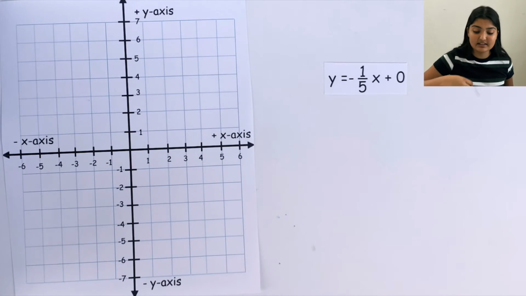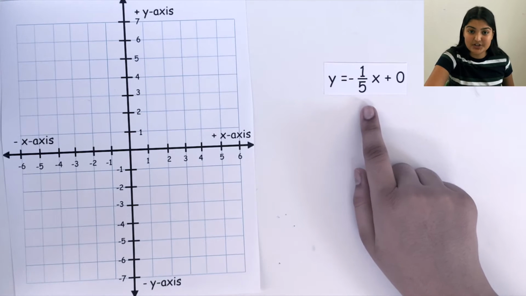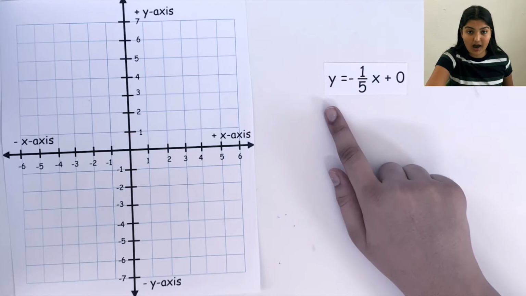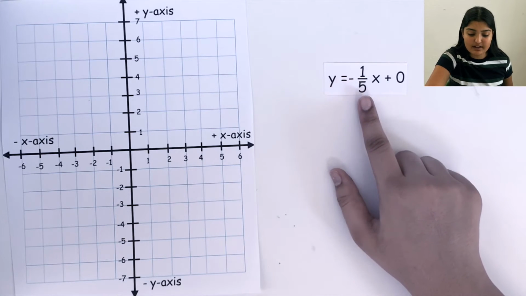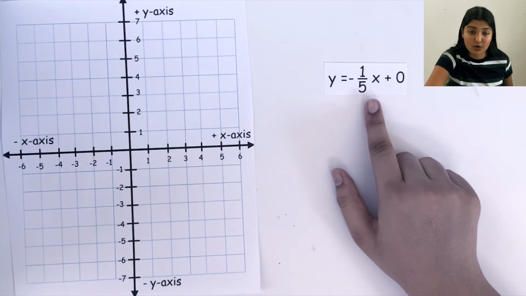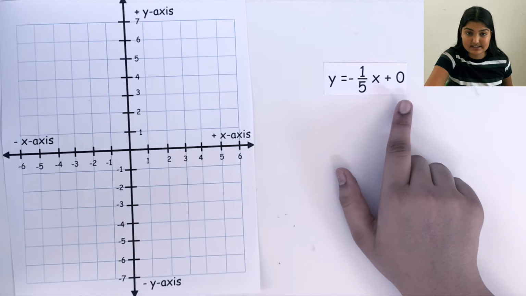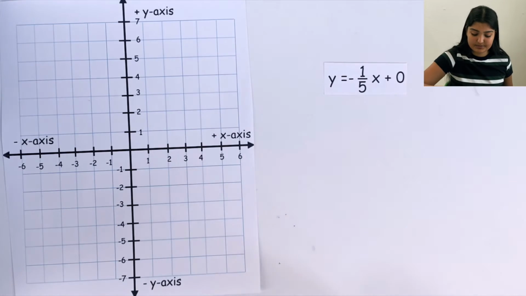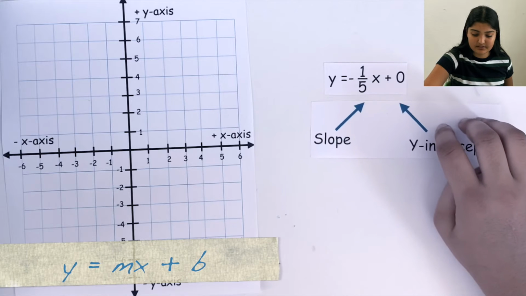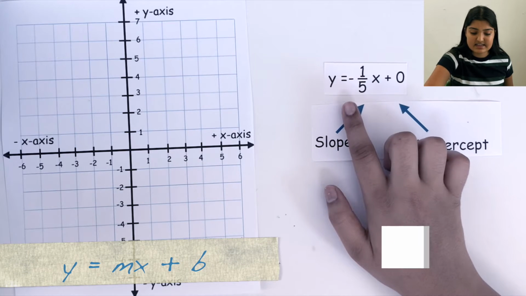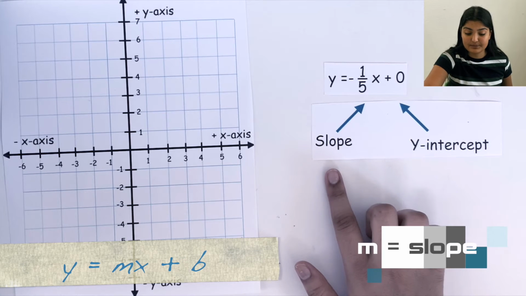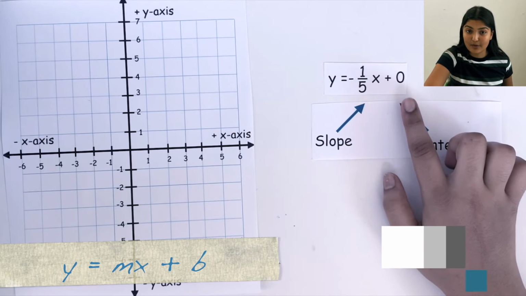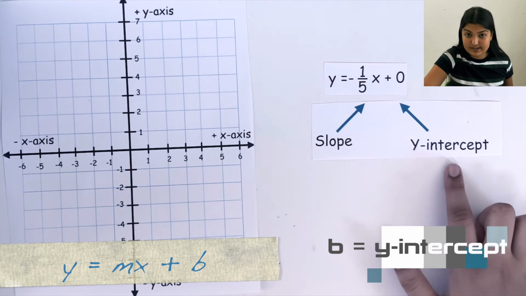Let's graph a line using this equation. y is equal to negative 1 upon 5, or negative 1/5, times x plus 0. Keep in mind that negative 1/5 is the slope of our line, and 0 is the y-intercept of the line.